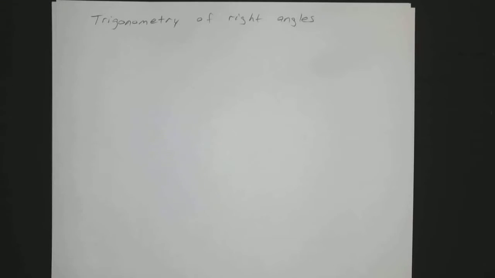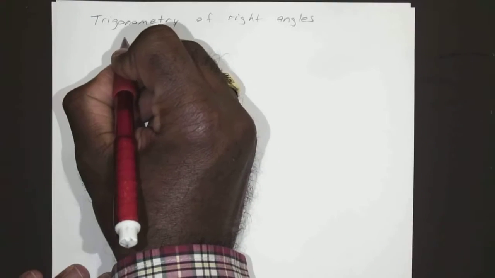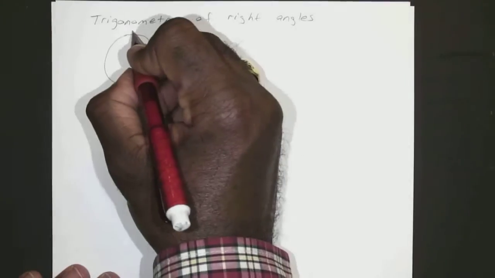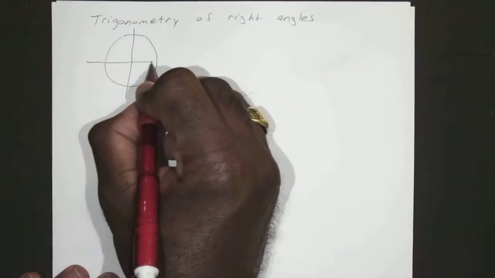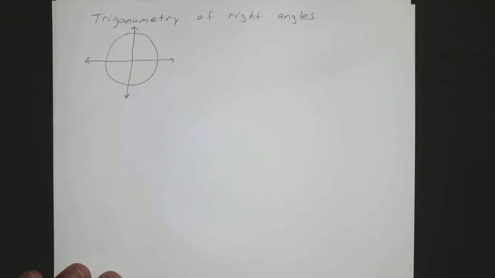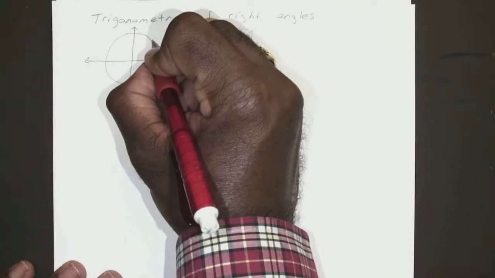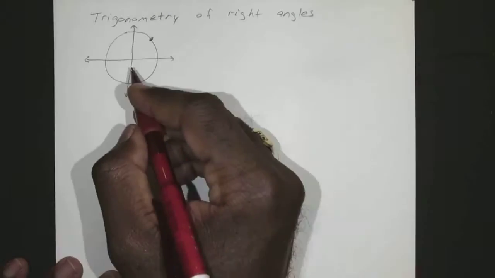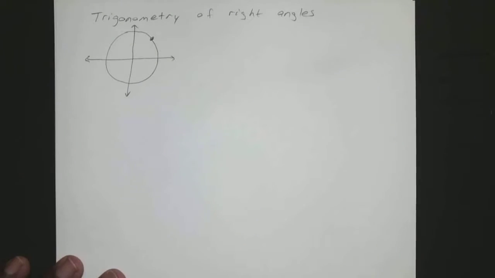Okay, so the reason we pick right angles, because let's say we have our unit circle with our x and our y axis, and we decide to have some point on the graph. That could be any one of them.